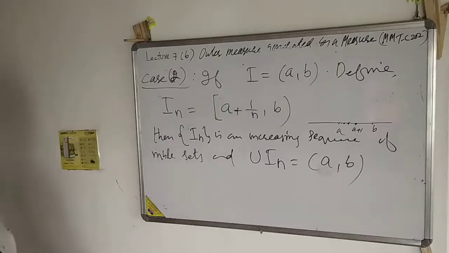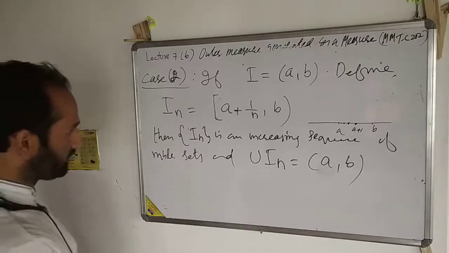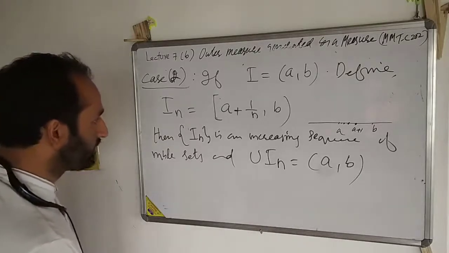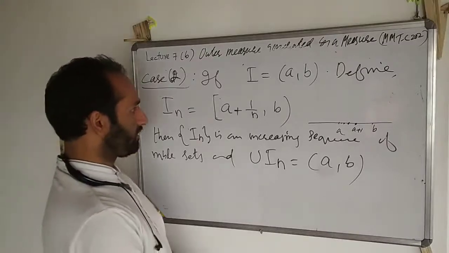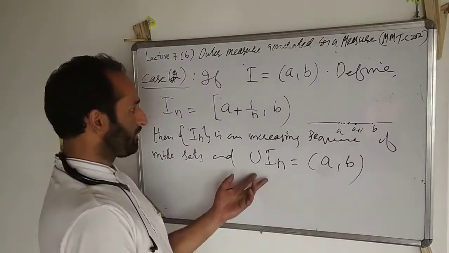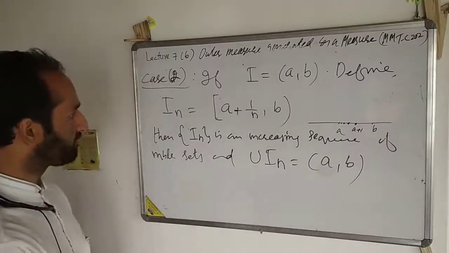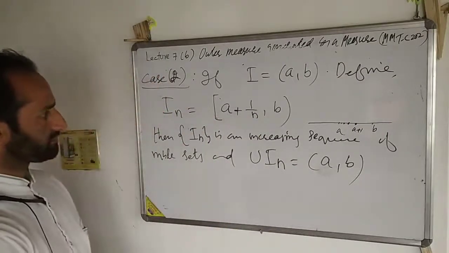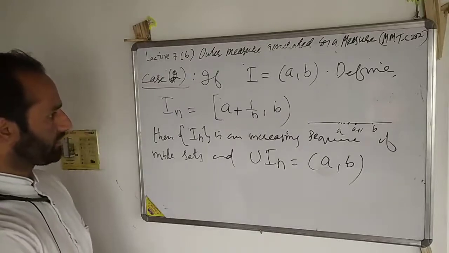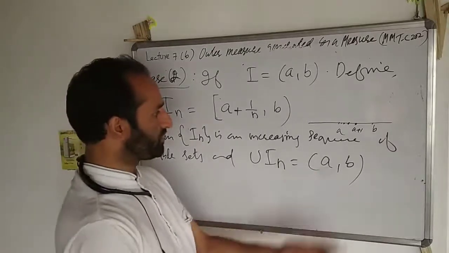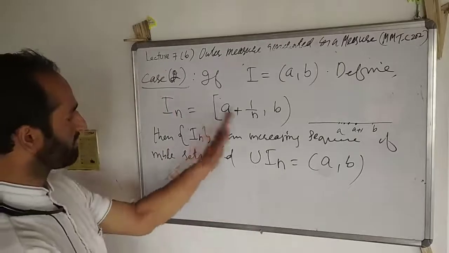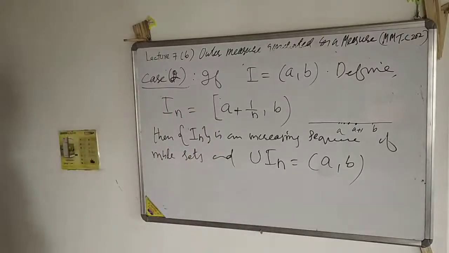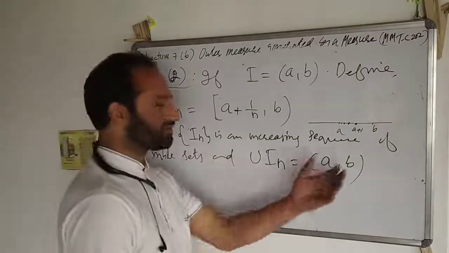I_n = (a + 1/n, b]. So one thing is trivial: if I choose any member in the union, then that member lies between a and b, therefore it's a subset of (a, b). Conversely, if you choose any member of the open interval, then it is included.